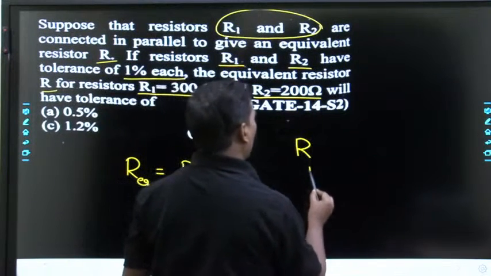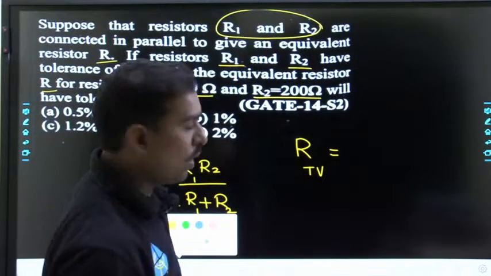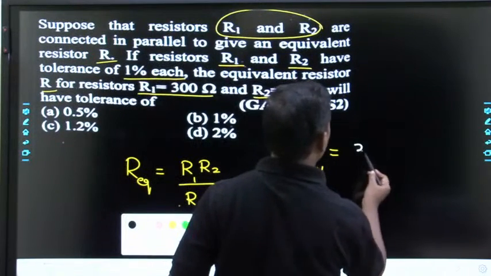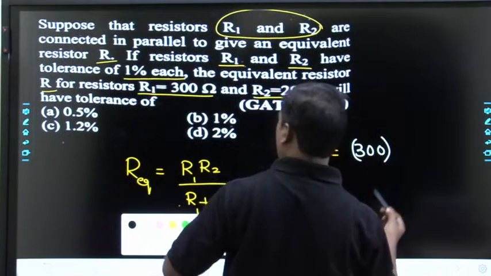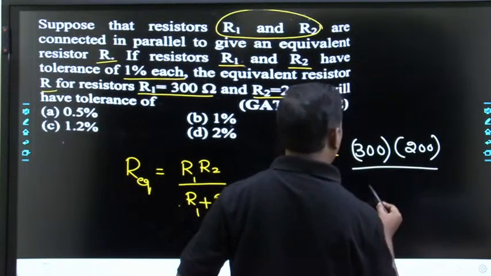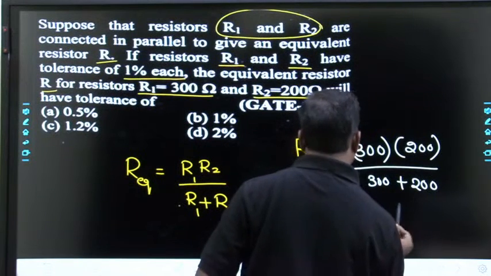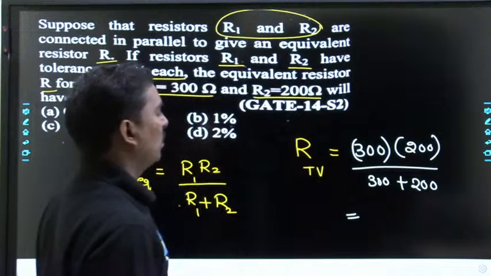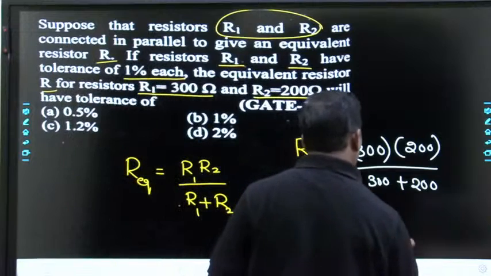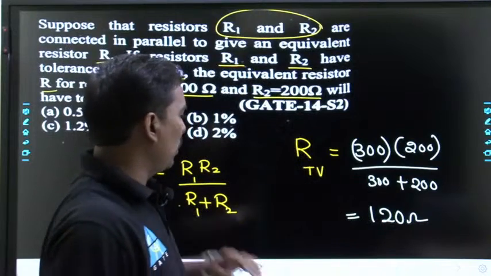Suppose there is no error, what is the true value? R1 will be 300 ohms and R2 will be 200 ohms, and R1 plus R2 will be 300 plus 200 ohms. So this will be 120 ohms. This is the true value.